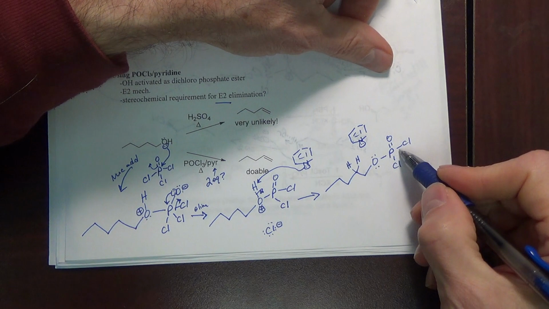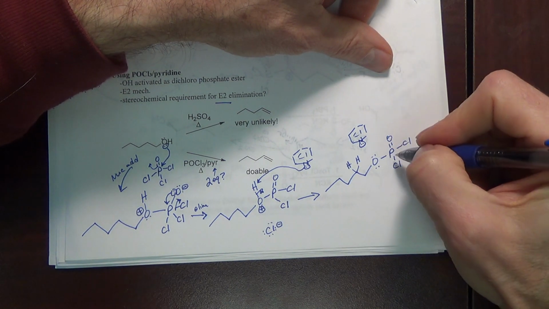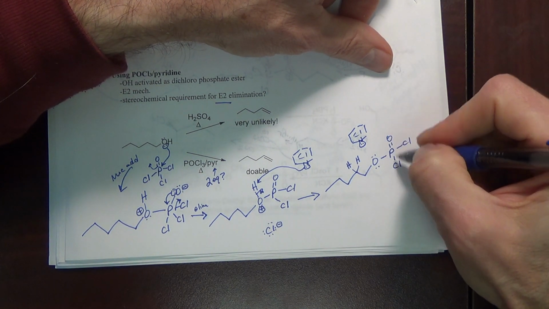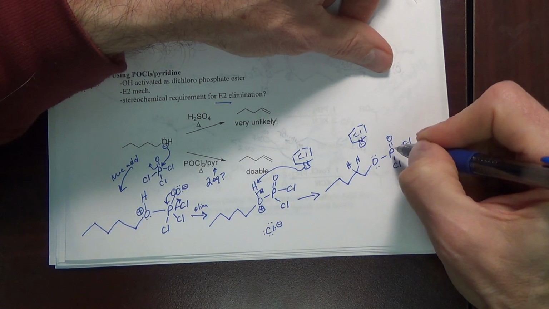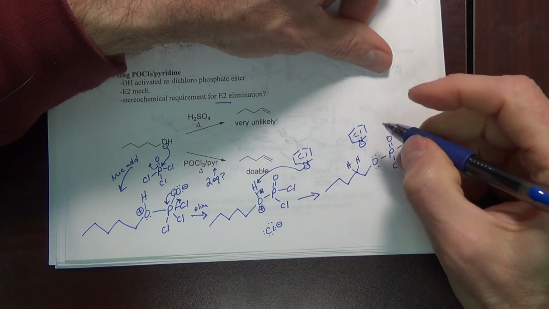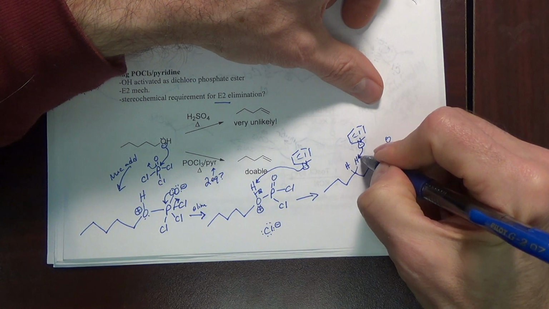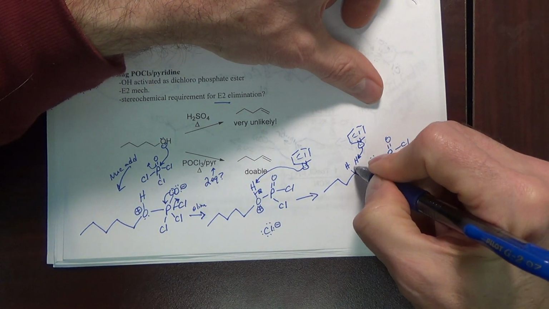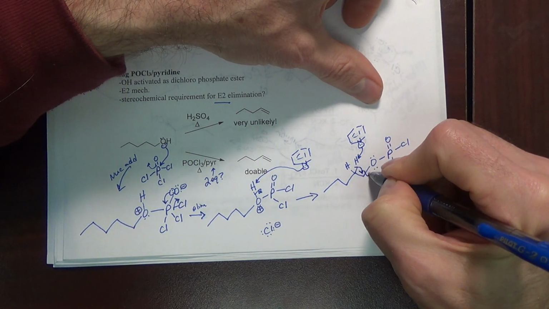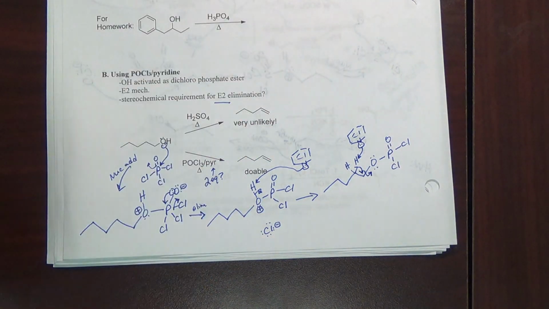This looks like an OTs. Now there's not that sulfur with two bonded oxygens, but we got these extra two chlorines which are really pulling here. E2, base takes the H, electrons move in, leaving group off, right?